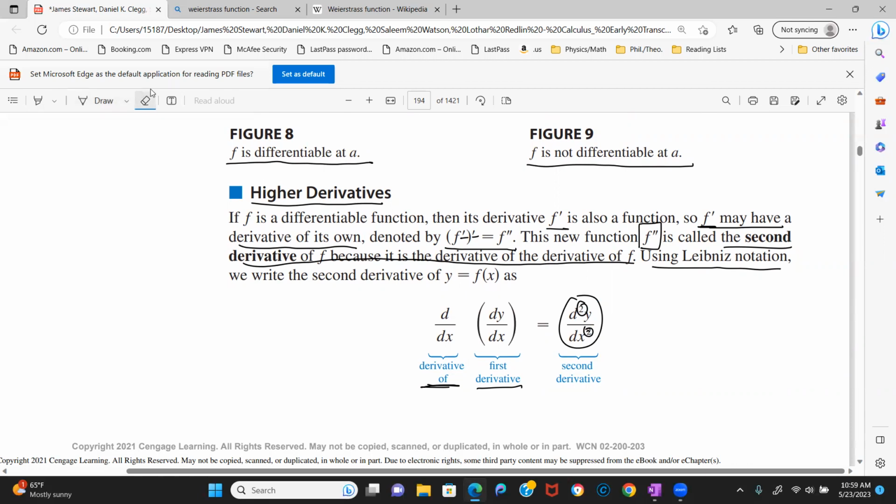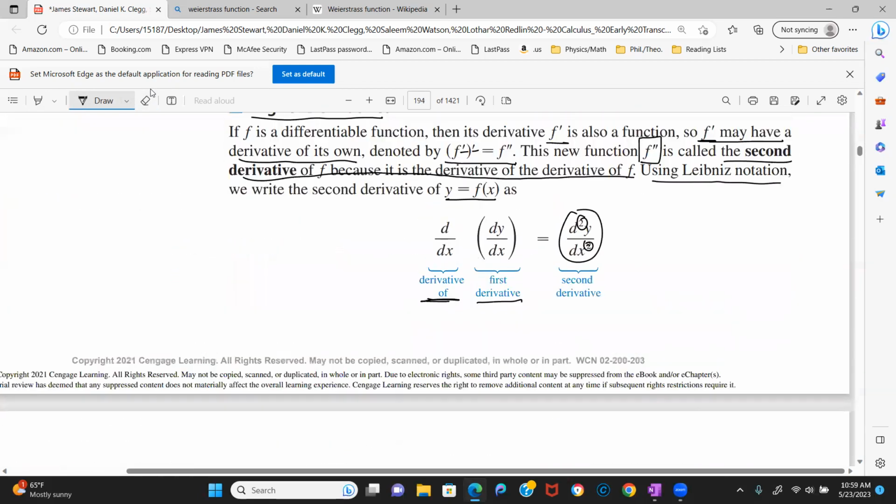They just indicate that you're taking the second derivative of the function y equals f of x. And there's nothing to say you can't generalize this, so you can even do d^n y over dx^n, which is just the nth derivative. You take the derivative n times of y equals f of x.